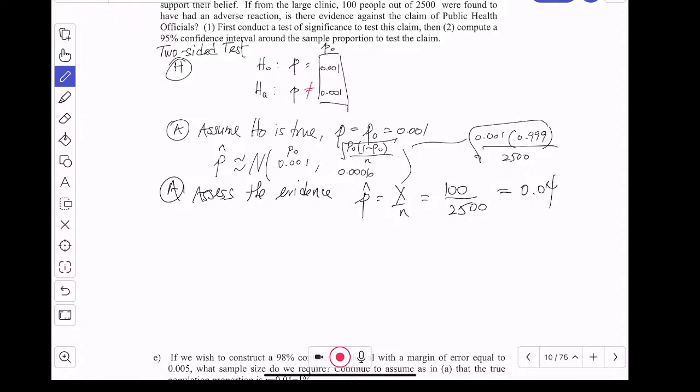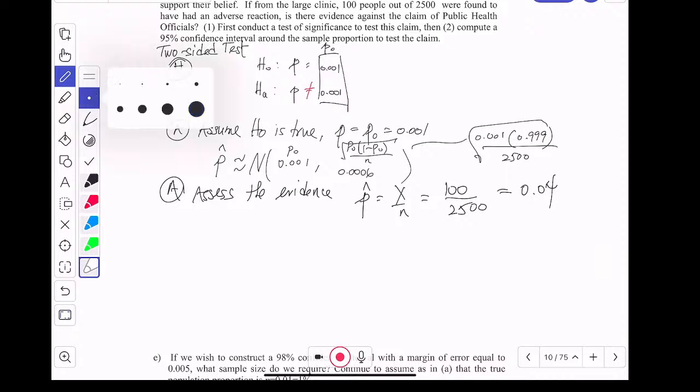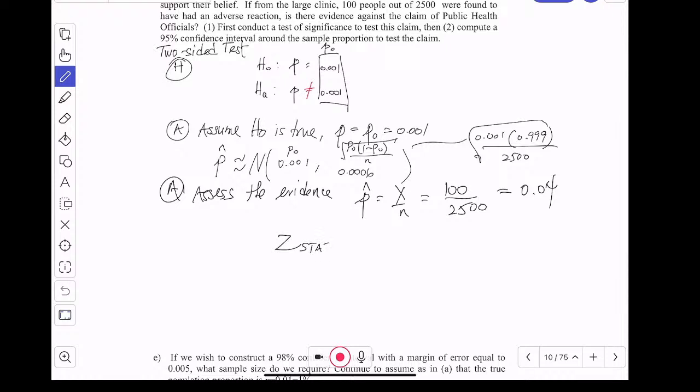Next step, p-value. Let's convert that... oh, I didn't finish yet. This is just the p hat. I have to get the z-score before I do anything. So the z-stat is equal to p hat minus the mean divided by the standard deviation.